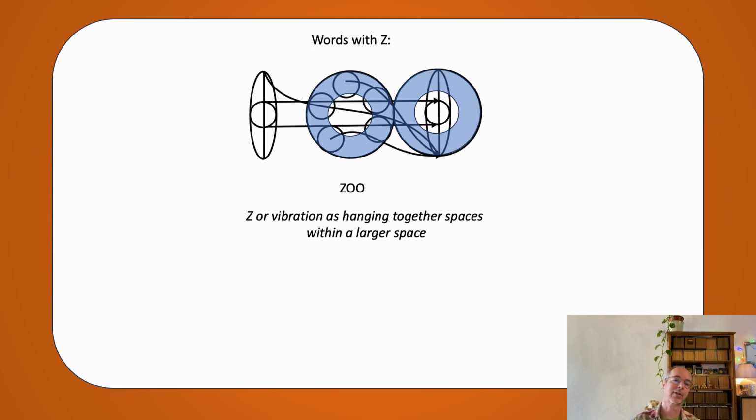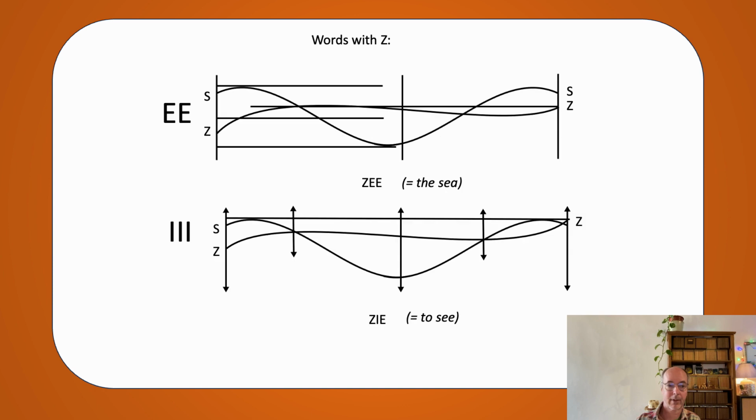And of course it is almost like a vibration that hangs together between different spaces and that hang together into one space. And that's basically what a zoo is. It's a collection of spaces which hang together into one concept. That's what the word expression means if I analyze the letter combination.